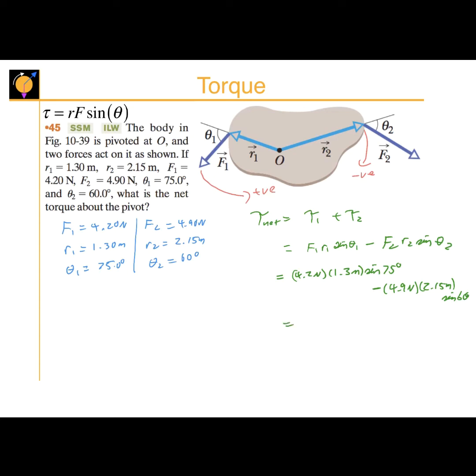And when we calculate everything out, we end up with minus 3.85 newton meters. If it's negative, then it's rotating clockwise. Does that make sense? Well, here F2 is a larger force and it's further out. This is a smaller force further in, so this one will dominate and it is negative. So that's consistent with what we expect.